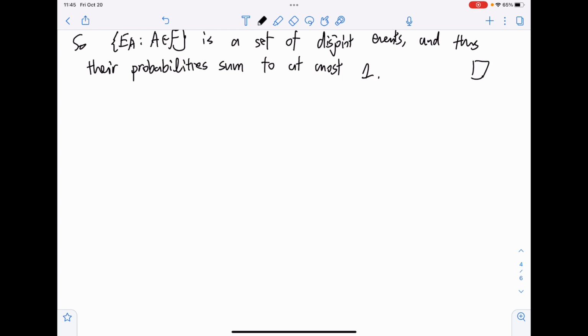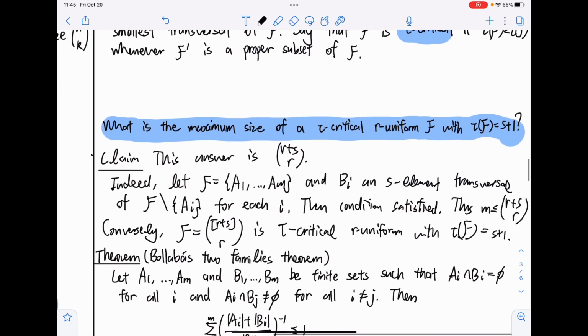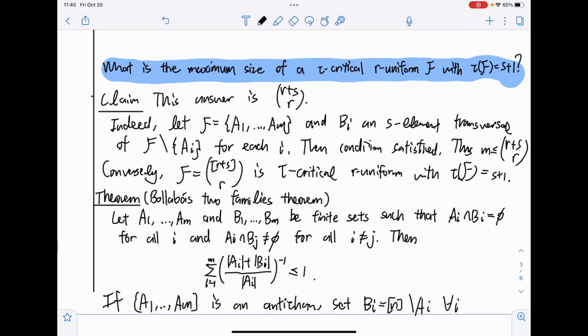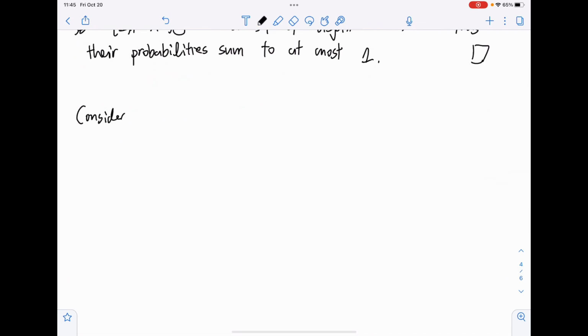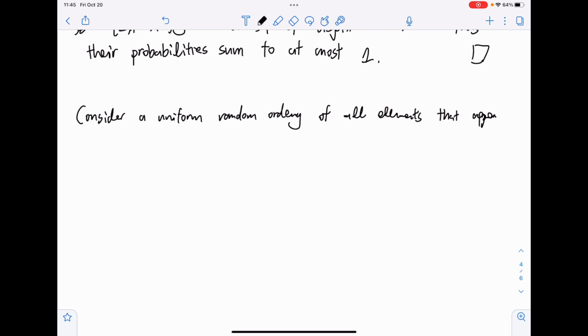Okay. And the proof is actually a modification of the proof of the LYM inequality earlier. We just consider a uniform random ordering of all elements that appear in the union of the sets.